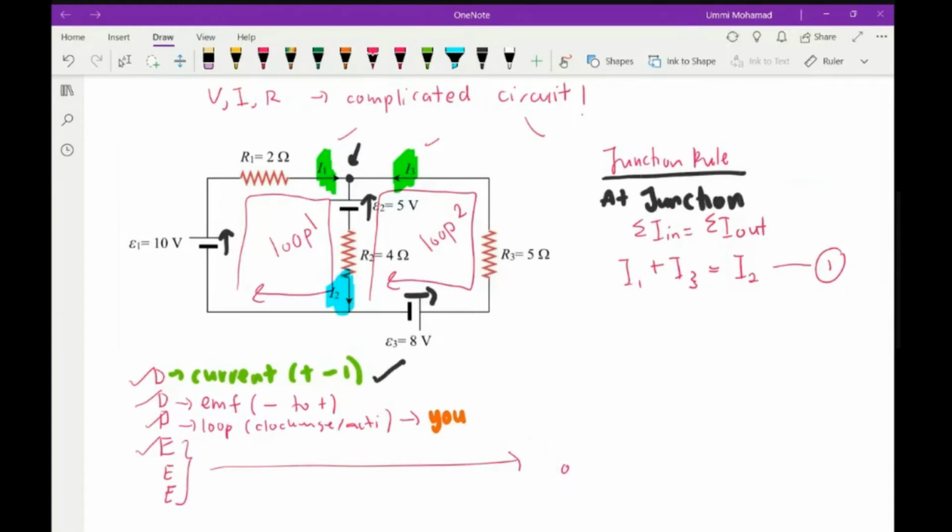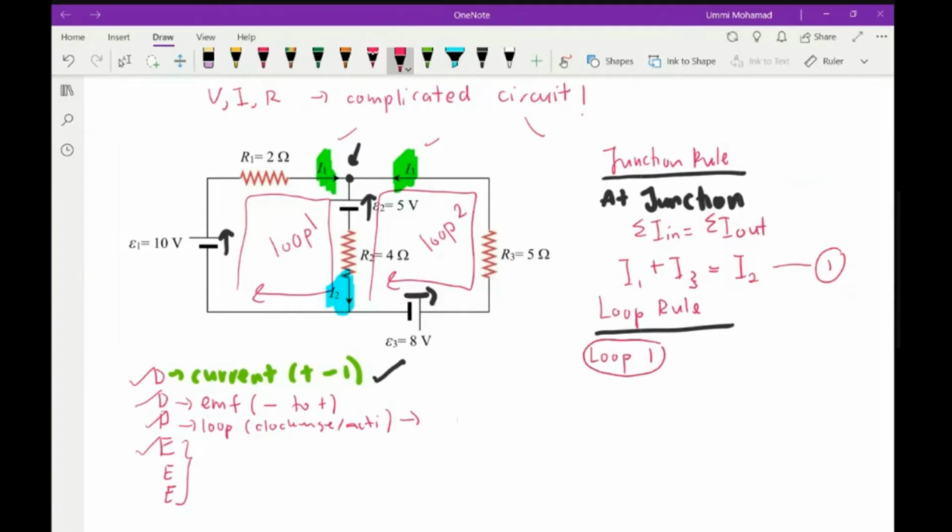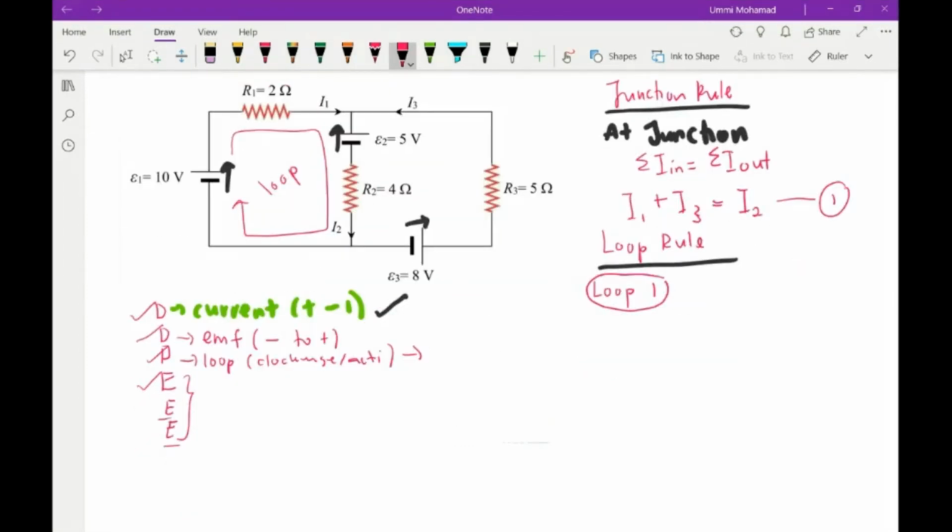Now we apply the loop rule. We do it loop by loop, so we start with loop 1, which is the left one.